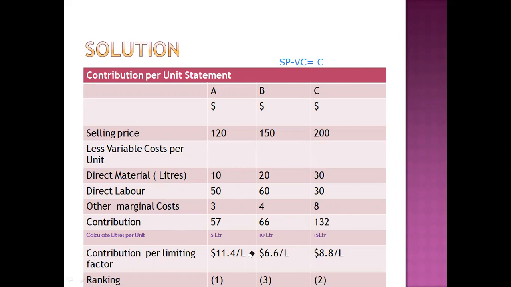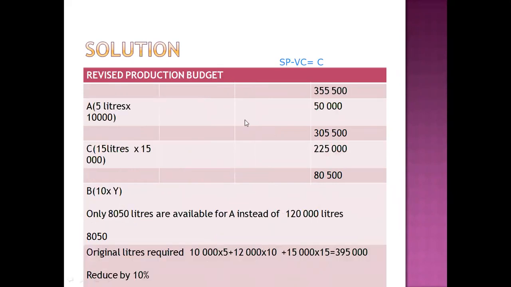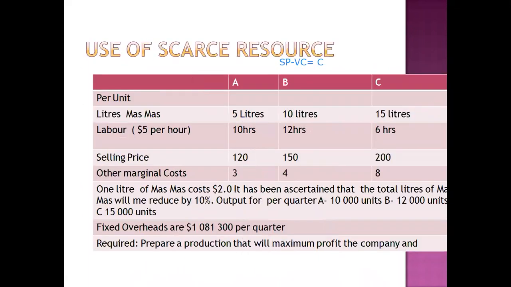So let me just go back to the question. How many liters do we need to produce each unit? Let me slide a little bit for you to see the question. We need 5 liters to produce A, 10 liters, 15 liters.